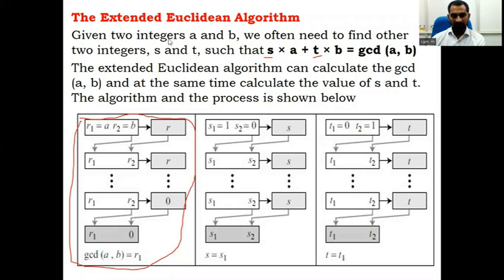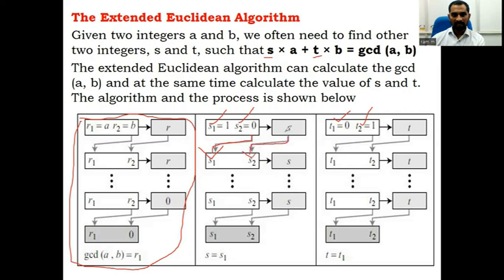In the same way, we'll take S1 as 1 and S2 as 0. We'll take T1 as 0 and T2 as 1, and we'll start the process. When R2 is greater than 0, in the next iteration we'll make S1 take the value of S2 and S2 take the new value S.